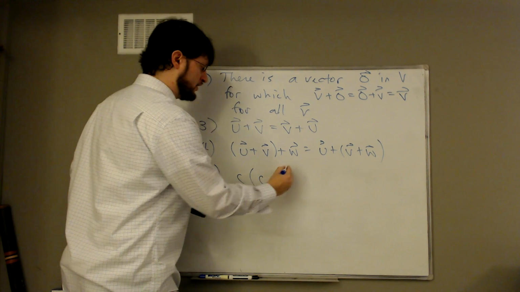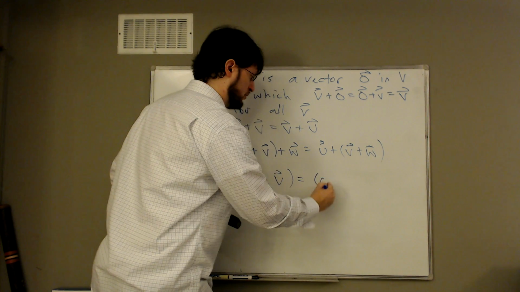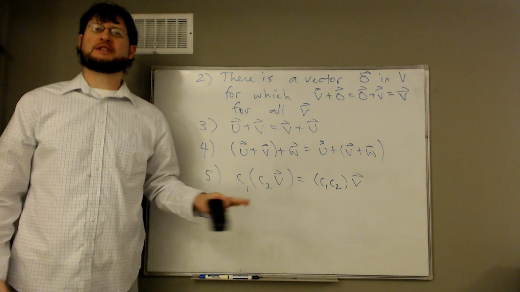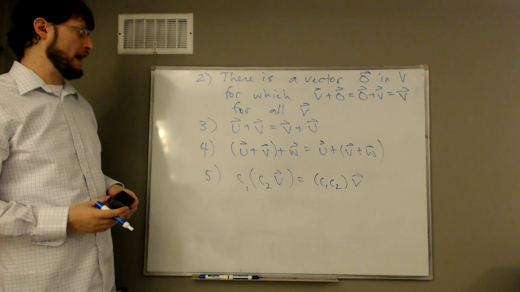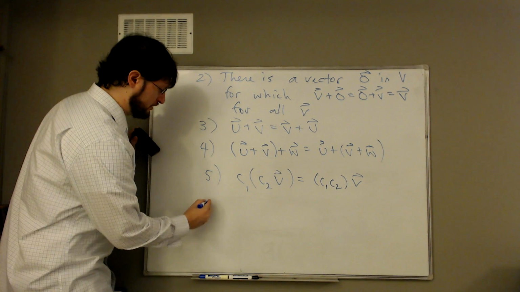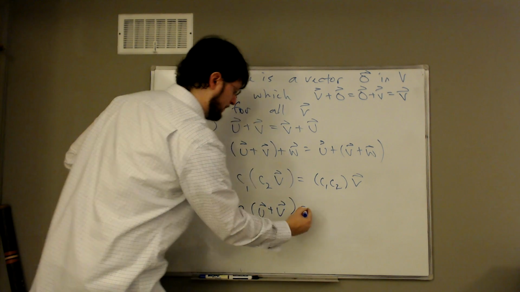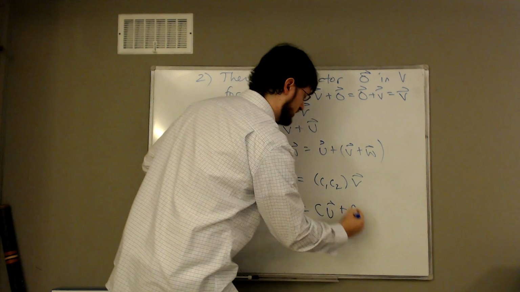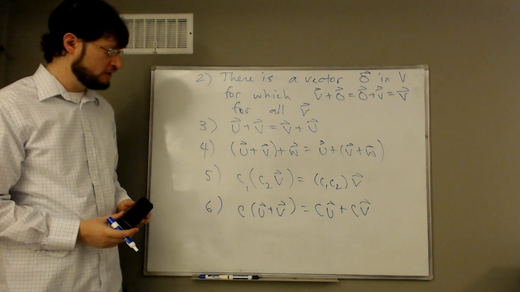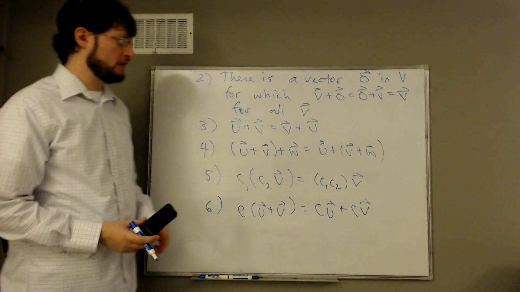C2 times the vector V then times C1 is the same thing as C1 C2 times the vector V. So everything that we expect to happen has got to happen, so there's no tricks here. Six, C times U plus V is CU plus CV. So we can distribute a scale. This is a scalar. We can distribute it to a vector just as if we want.